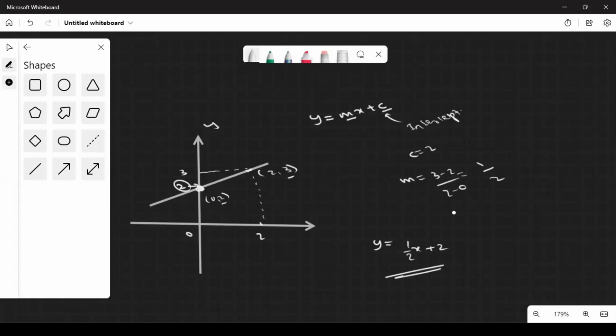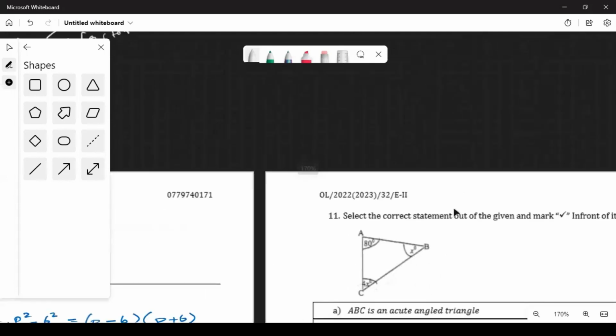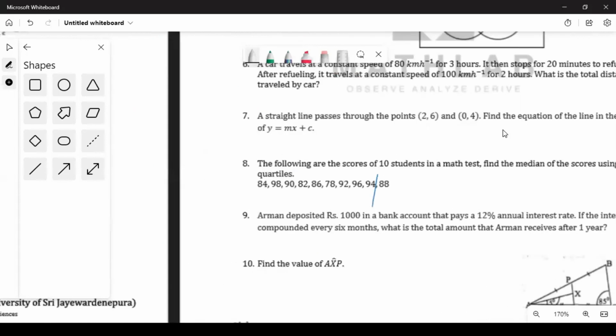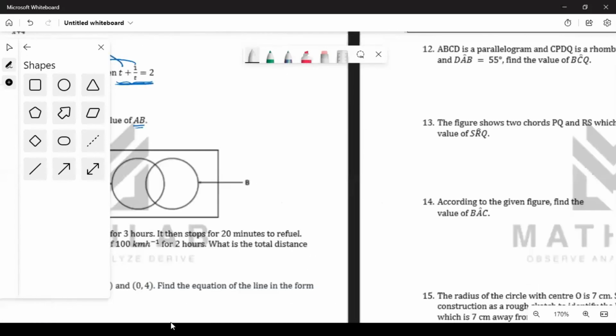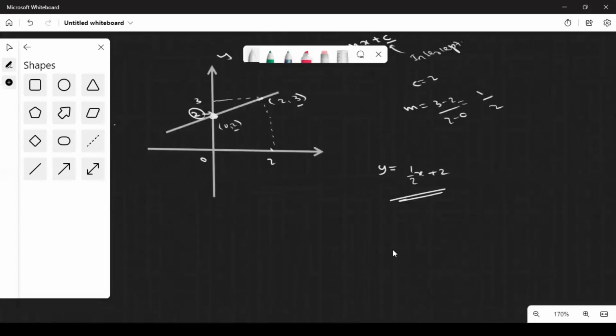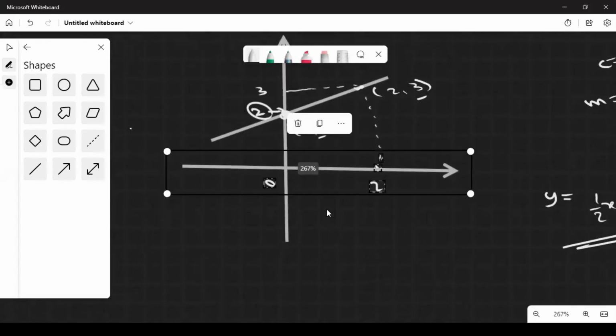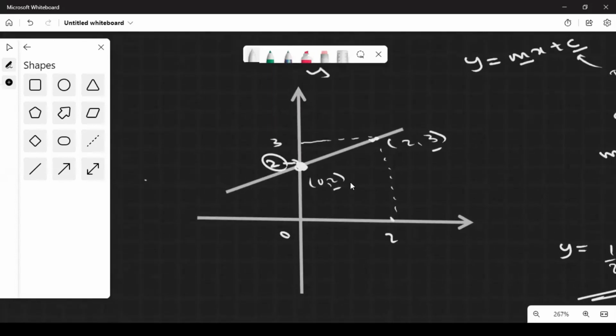the graph is given. What if just the coordinates are given like this? Listen carefully. Here, can you see? You can easily identify the intercept value by observing the coordinate here. What is that?